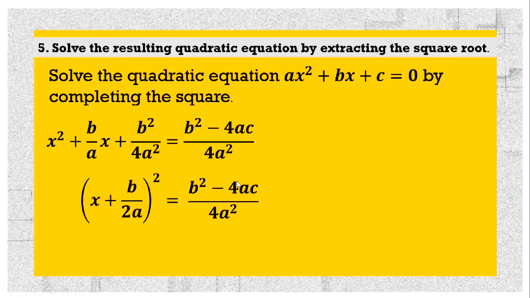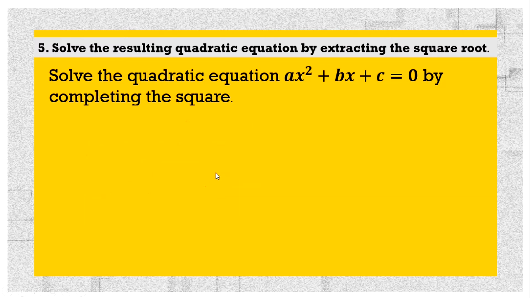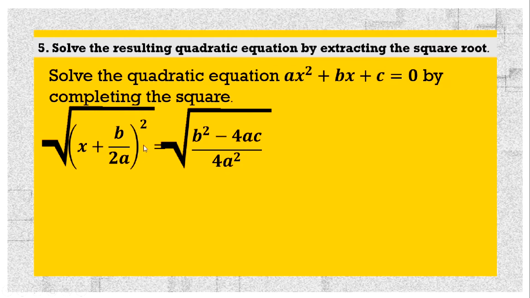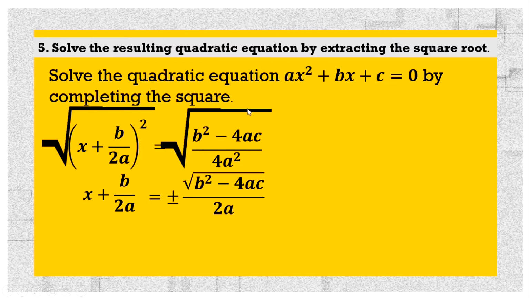Next, solve the resulting quadratic equation by extracting the square root. So, take the square root of both sides. The radical sign and the exponent 2 will cancel. We will be having x plus b over 2a equals, let us take the square root of this. So, our numerator stays the same, square root of b squared minus 4ac, and our denominator 4a squared is a perfect square.